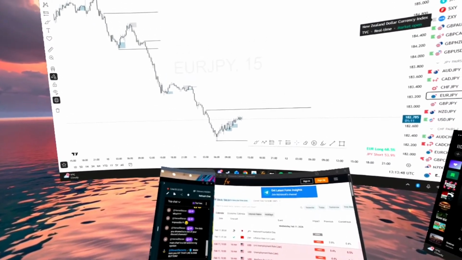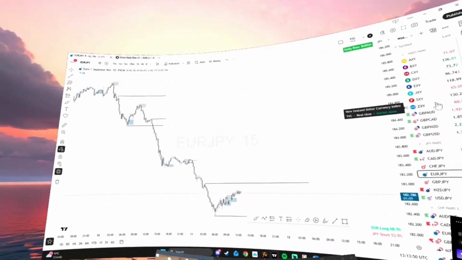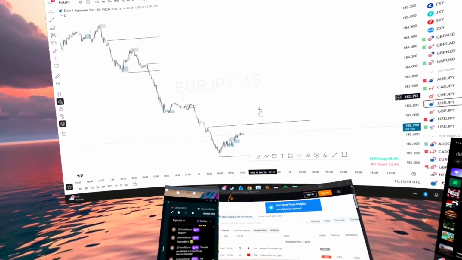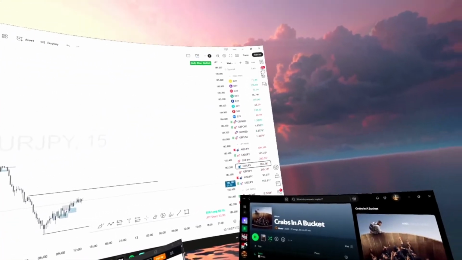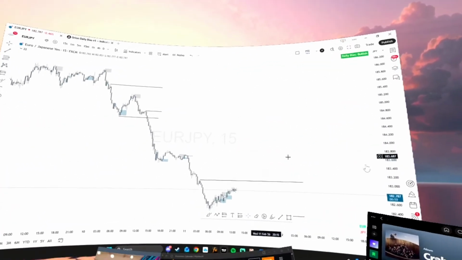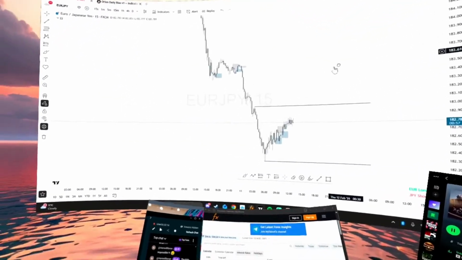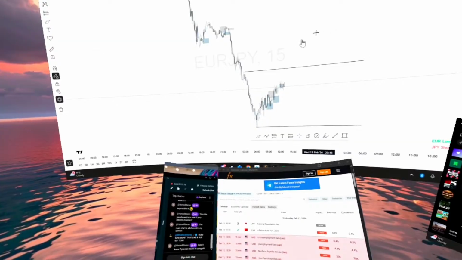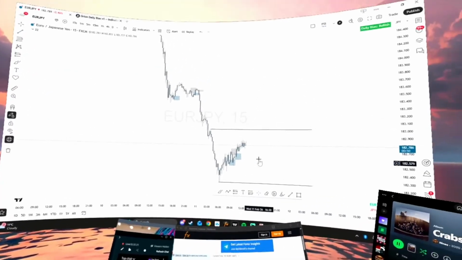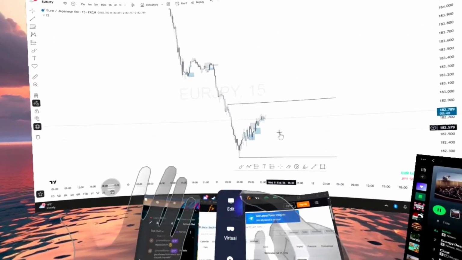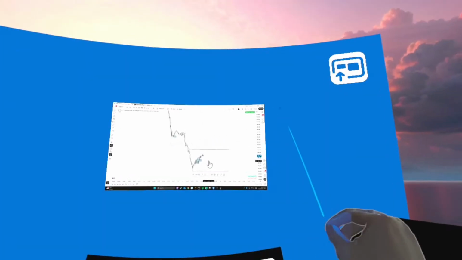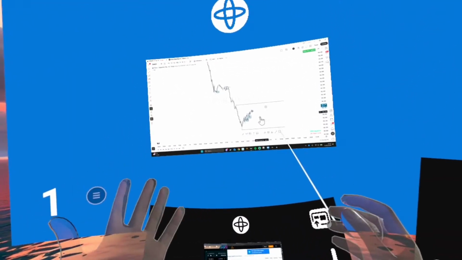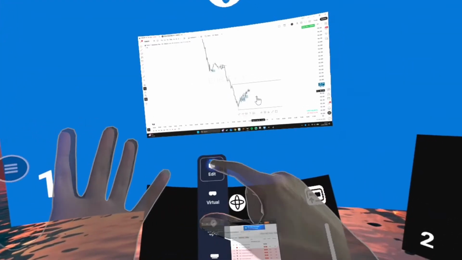The main chart is a bit weird in my opinion. Really? Why does it look weird? Can you zoom in using VR? I can't zoom in, but I can do this. Give me the menu.